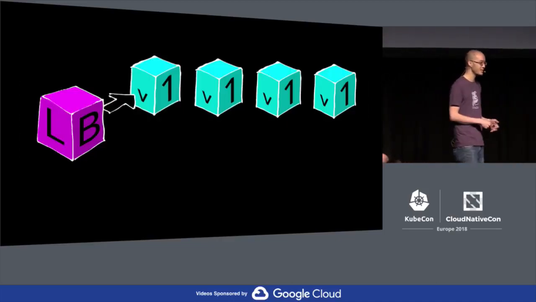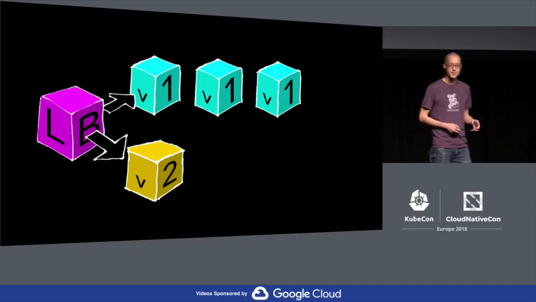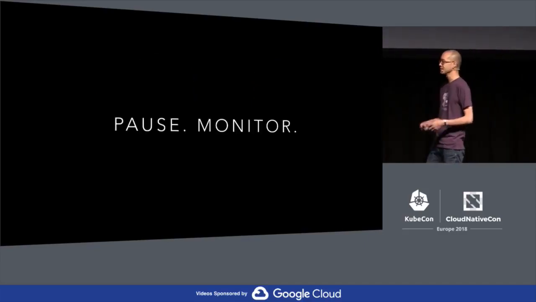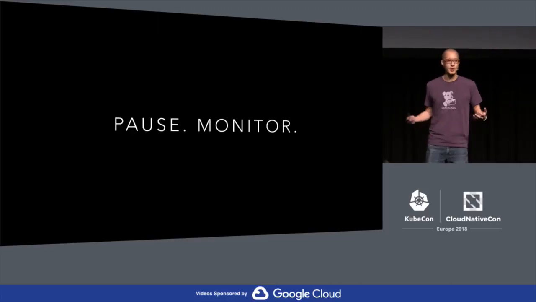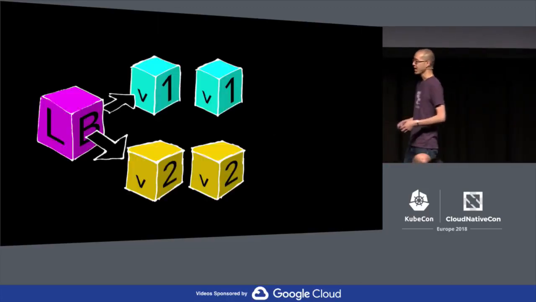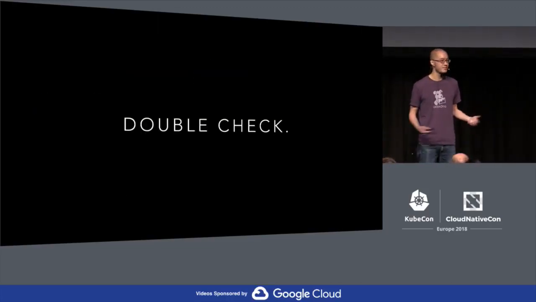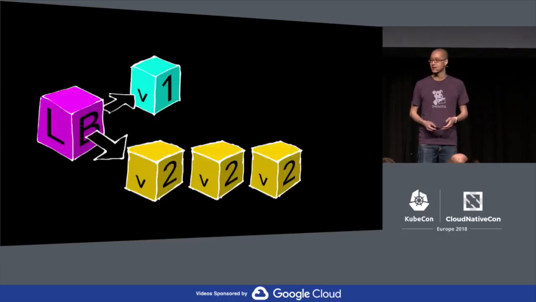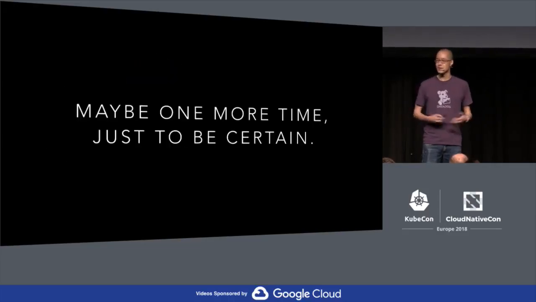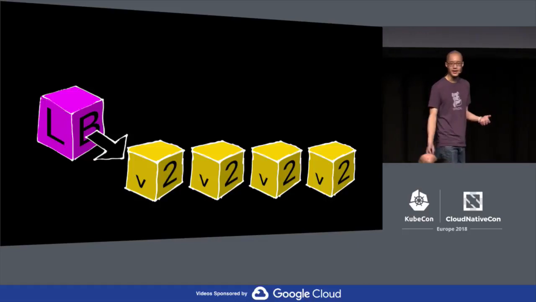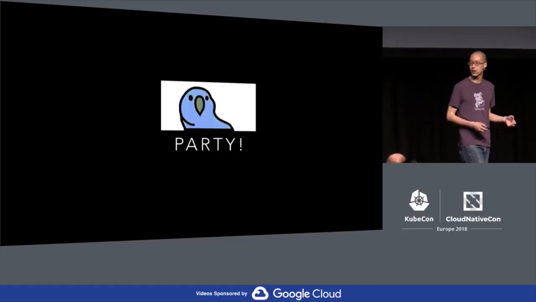It looks really similar to rolling deploys. So you flip over one, but the main difference is we stop and monitor whatever's going on. And then you continue on, and maybe you double check. And then you keep going, maybe just one more time, and then at the end, you party.